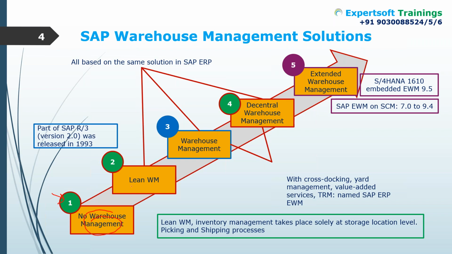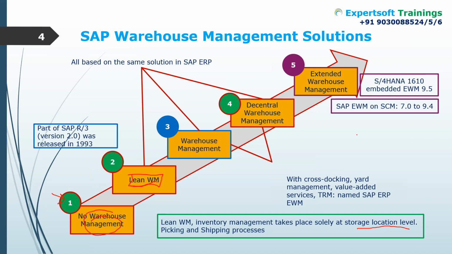So they came up with the lean warehouse management solution. What is the basic difference between lean warehouse management and actual warehouse management? In lean warehouse management, all the inventory management takes place at the storage location level. You know the org structure of SAP if you have worked in it or any other module: you have company code, plant, and storage location.